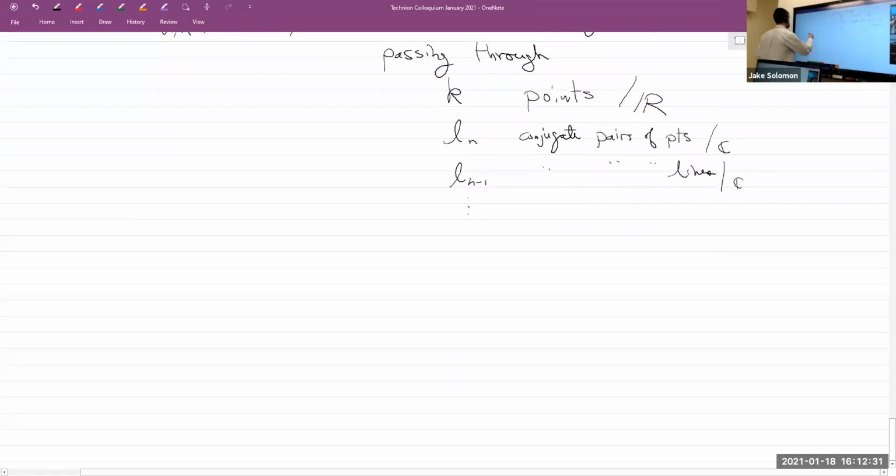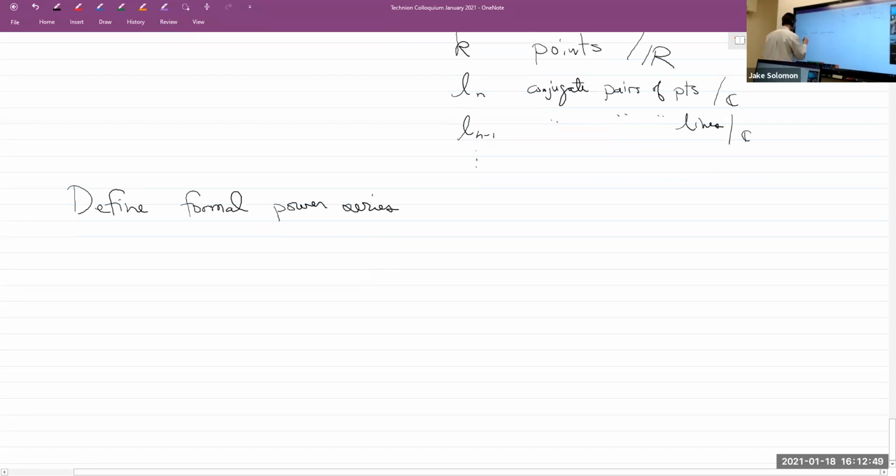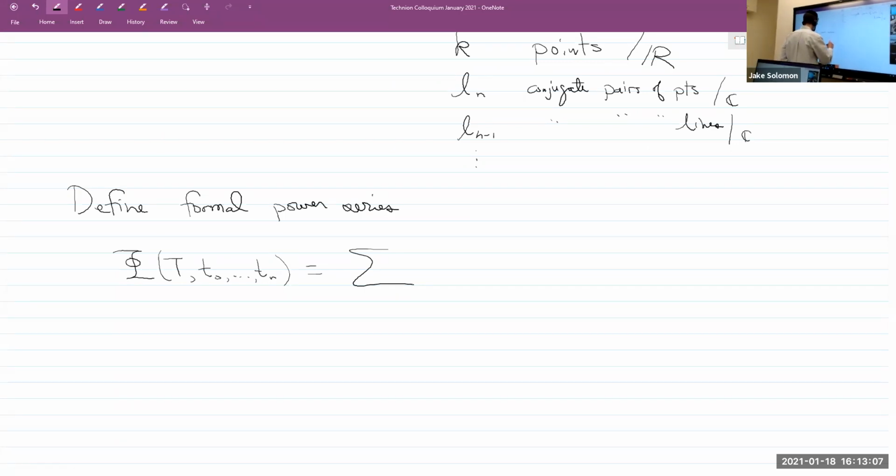So now we can define some generating series, formal power series. It's going to be this Phi, which is going to depend on variables capital T and little t0 up to little tn. It's going to be just a way of keeping track of all the possible numbers in one big happy series.